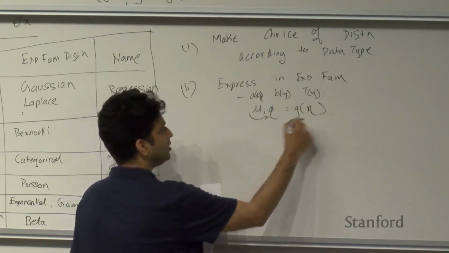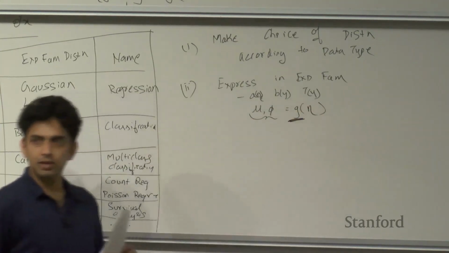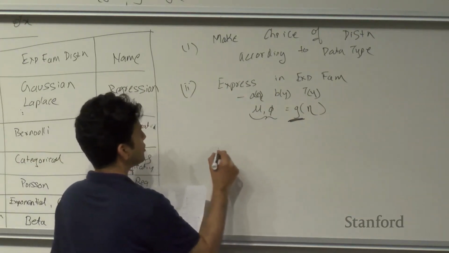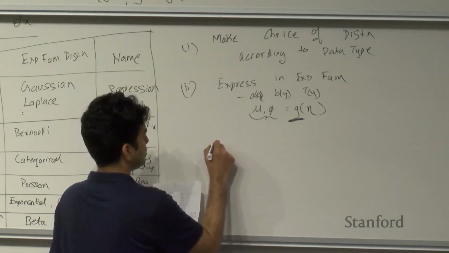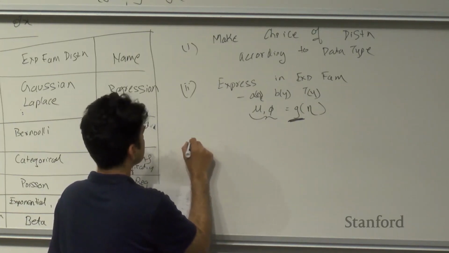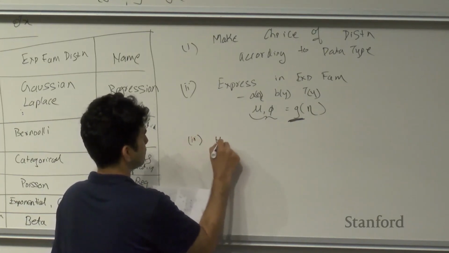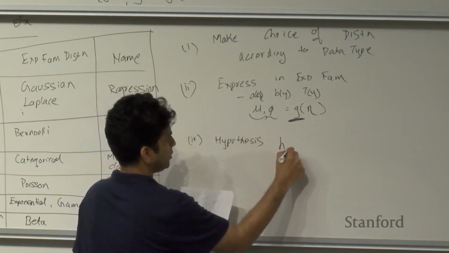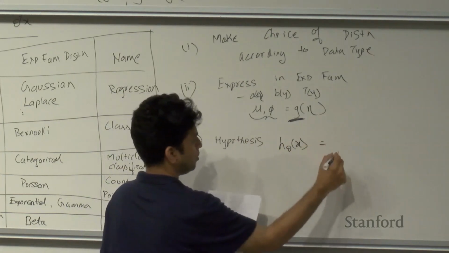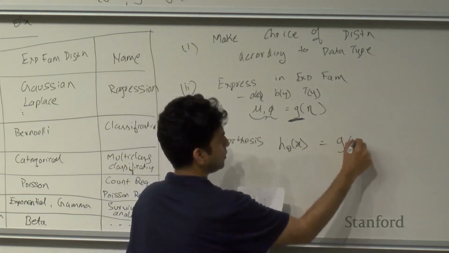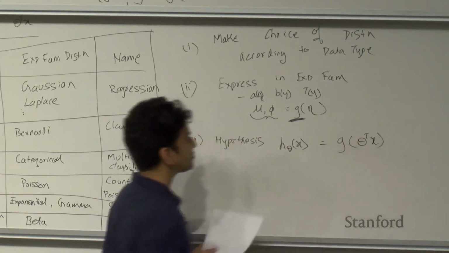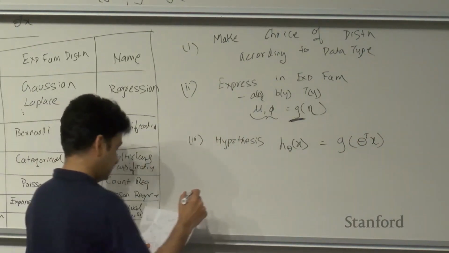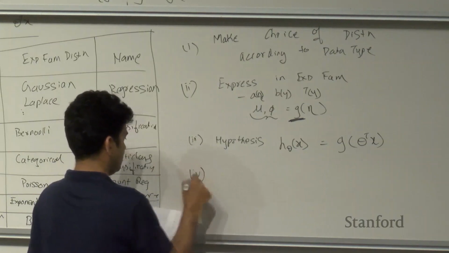So calculate the g function. That's the most crucial part, right? And this g function will decide what your hypothesis is. So the hypothesis h theta of x is now g of theta transpose x. Right?